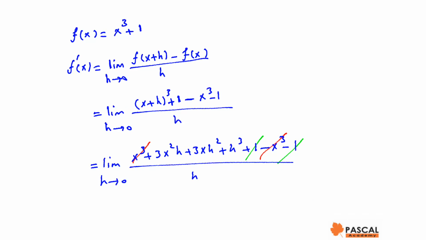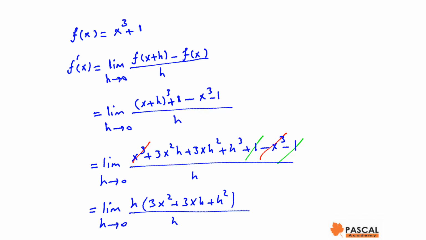And if you factor h, you have the limit of h times (3x^2 + 3xh + h^2) over h as h approaches 0. We reduce the fraction by h. When h approaches 0, the limit would be 3x^2. This means the derivative of x^3 + 1 is 3x^2.